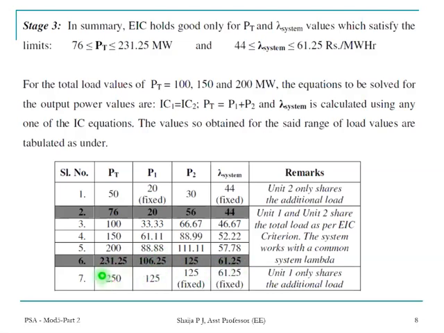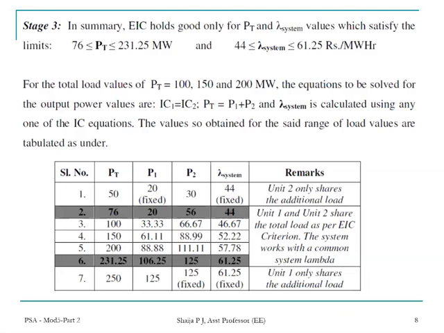So total 231.25, system lambda 61.25. And for 250, this was already fixed at 125. Now this will also take 125. System lambda will be 61.25, because after that EIC does not hold good. Unit 1 only shares the additional load.